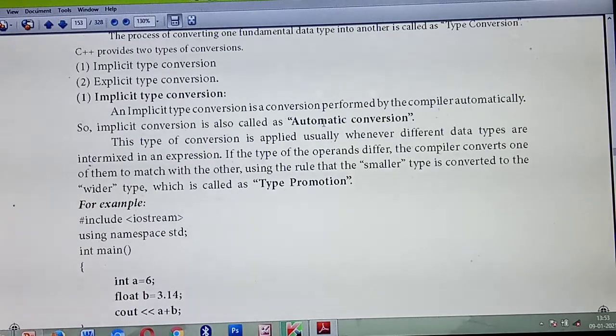How many data types are there? 5 is an integer data type. 5.5 is a float data type, isn't it? These are a mixture of two data types. What are they? Integer as well as float.